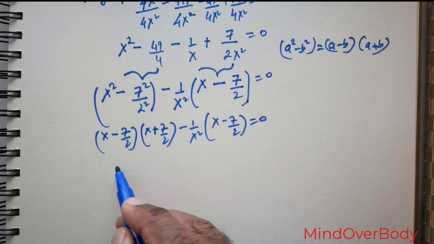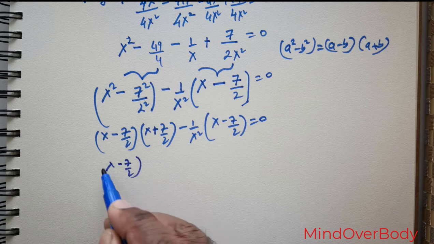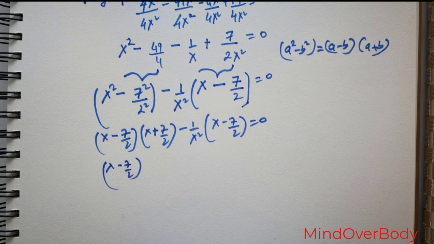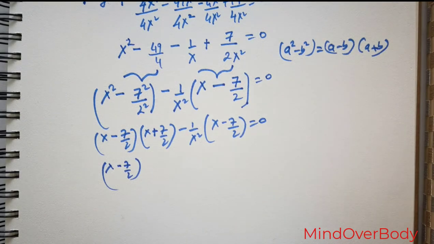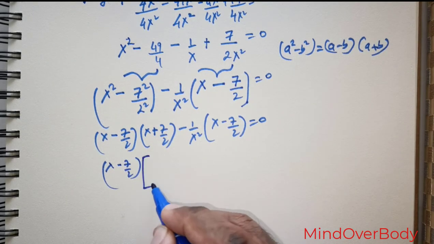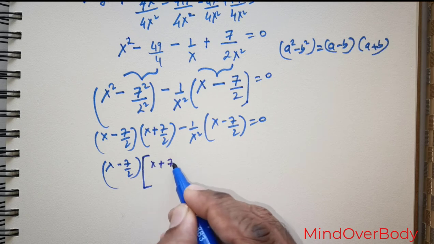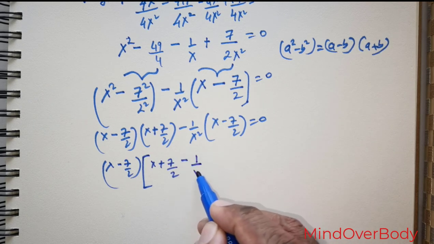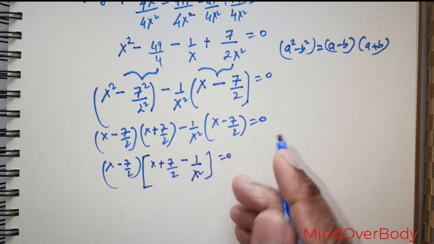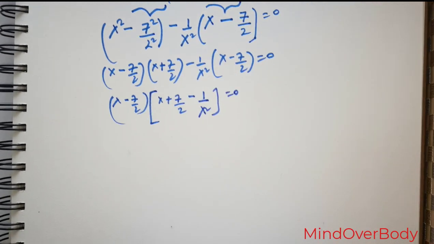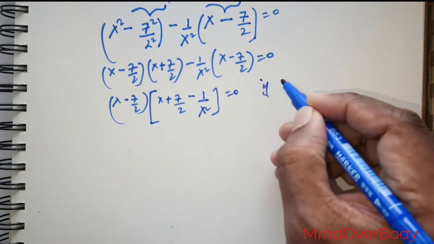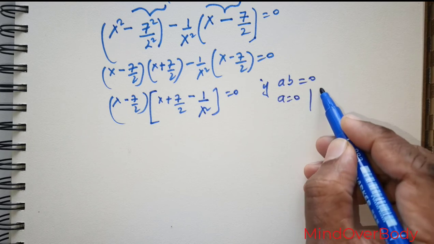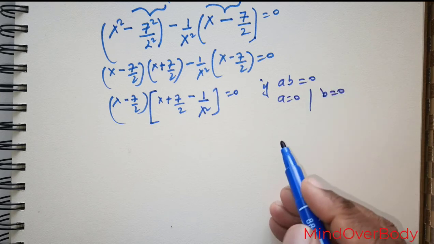Now clearly I can see x - 7/2 can be taken out. If I take x - 7/2 out, I can rewrite this as (x + 7/2) - 1/x^2 equal to 0. This is what I've got. Now, according to the laws of algebra, if AB is equal to 0, then A is equal to 0 or B is equal to 0. Right?